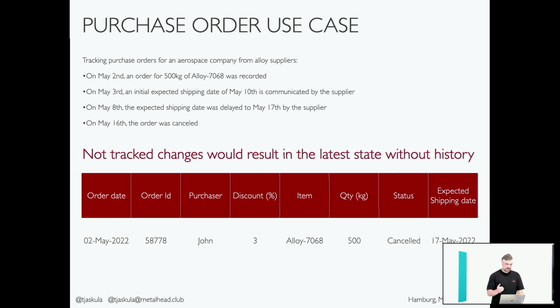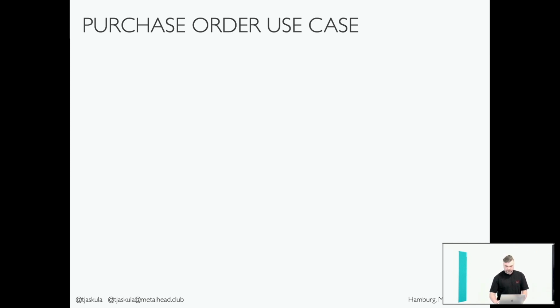And if the dates are not tracked, any request to the software system would yield the latest state, and that's all, because all the changes in between are lost. They are simply overwritten.